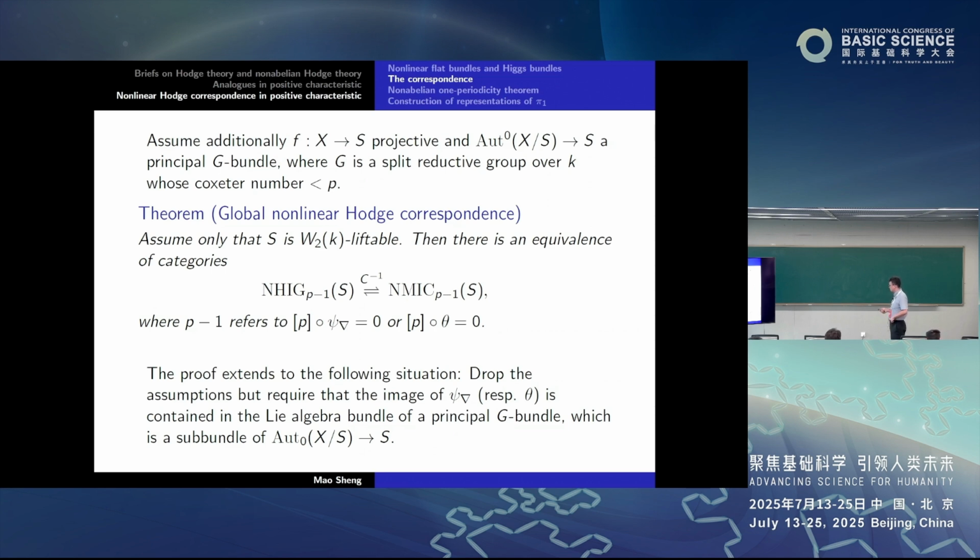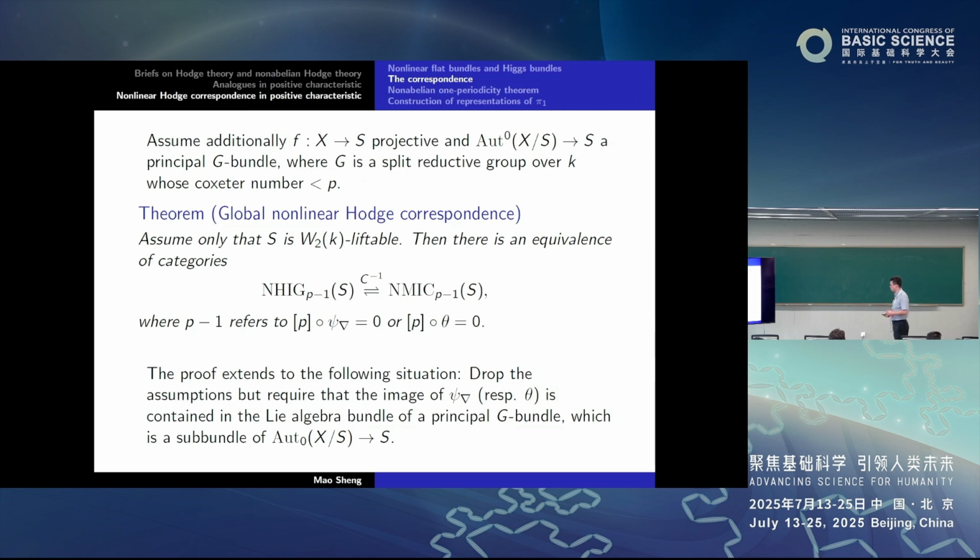And the relative automorphism group is a principal G-bundle. Here I only consider the connected component of this relative automorphism. Relative automorphism, you can imagine as a fiberwise automorphism. Okay? This usually is just a group scheme, and it is not necessarily smooth. But here I assume it is smooth.